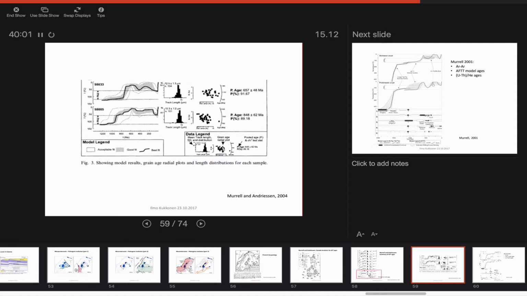You have here the time axis, 1200 million years, 200 million years, present time. Here you have the final temperature on the surface, 0 and 150 degrees. PAZ is the partial annealing zone of apatite fission tracks. And then you have here the model temperature history.